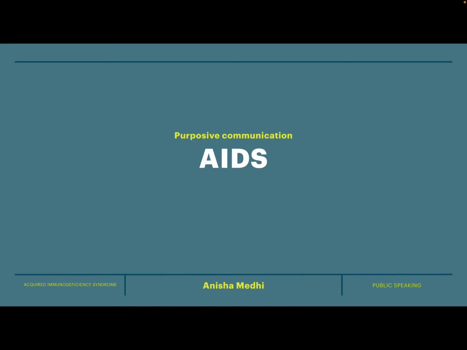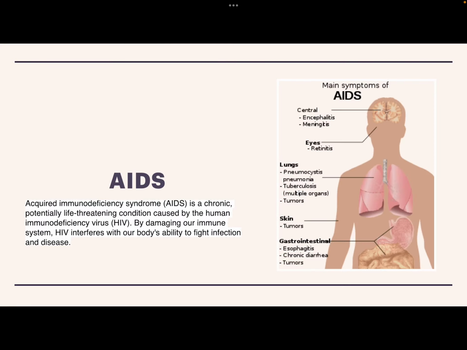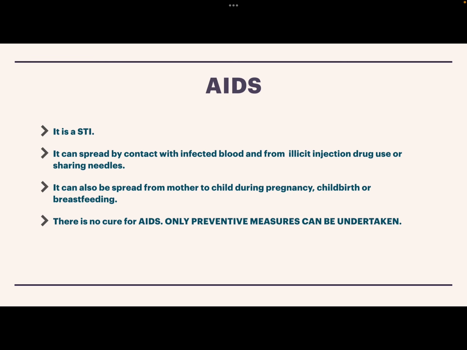So let's begin. AIDS, or acquired immunodeficiency syndrome, is a chronic, potentially life threatening condition caused by the human immunodeficiency virus. By damaging our immune system, HIV interferes with our body's ability to fight infection and disease. AIDS is a sexually transmitted disease or STI.